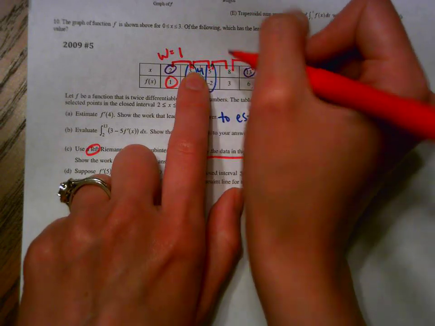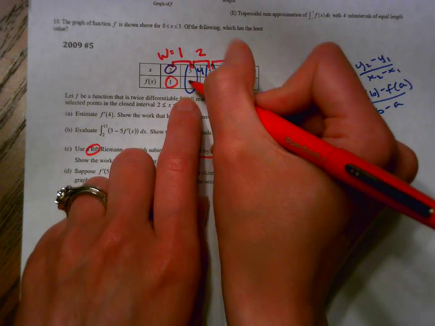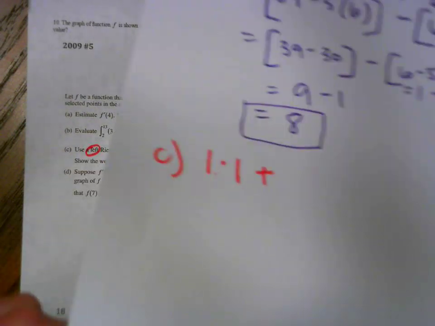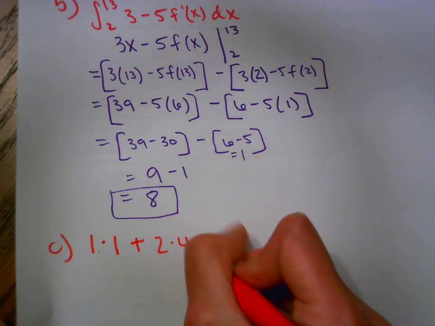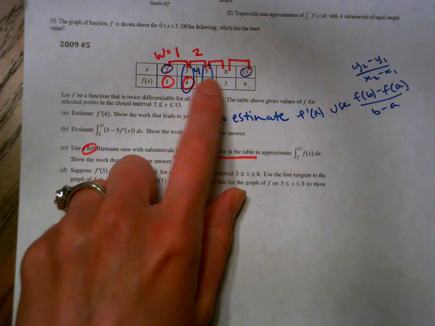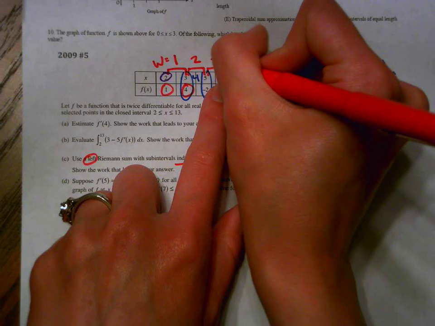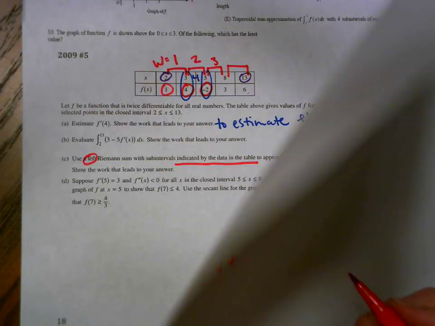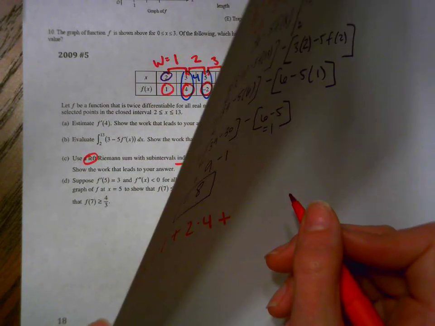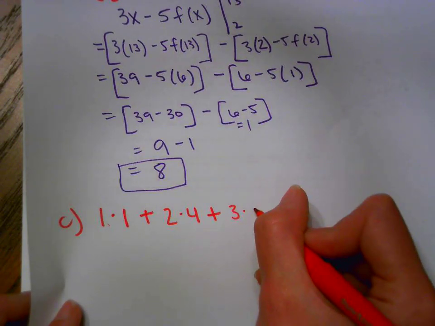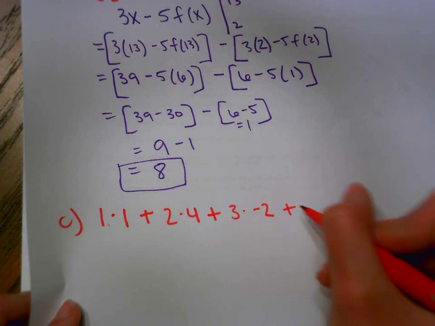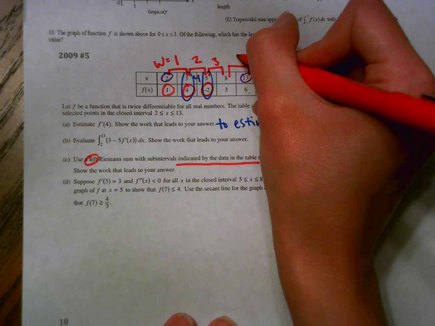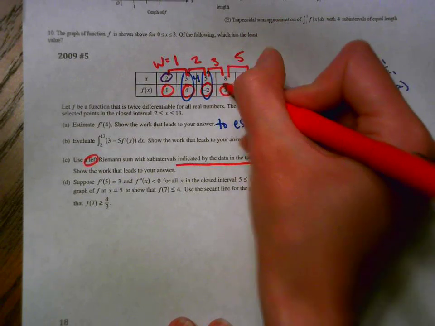You can think about subtracting. 5 minus 3 is 2, and use that left y value, because it's a left Riemann sum. So that's going to be 2 times 4, plus the next one, 5 to 8, would be a width of 3 times negative 2, and you do use the negative, plus the next one would be 8 to 13, which would be 5, and the left y value is 3.